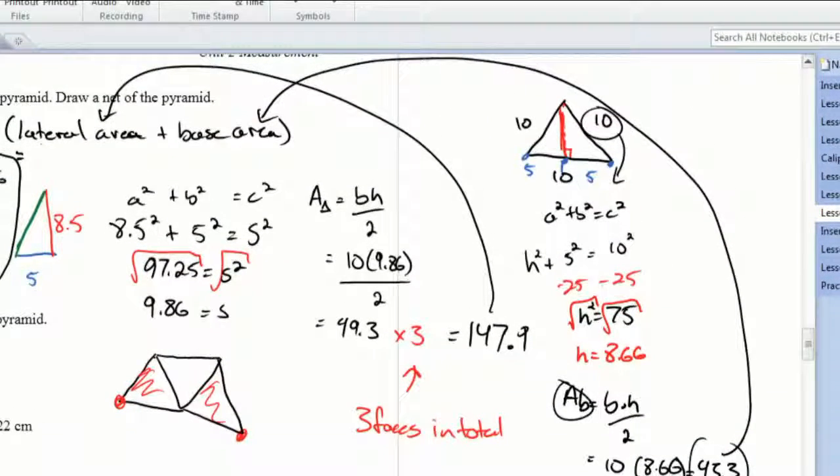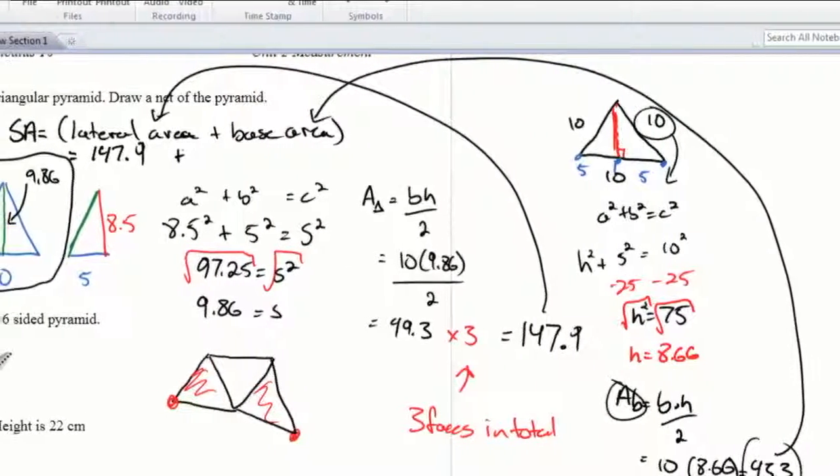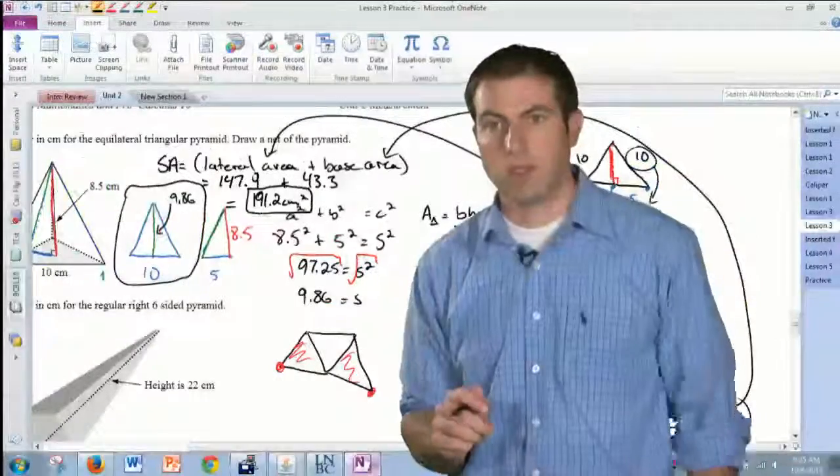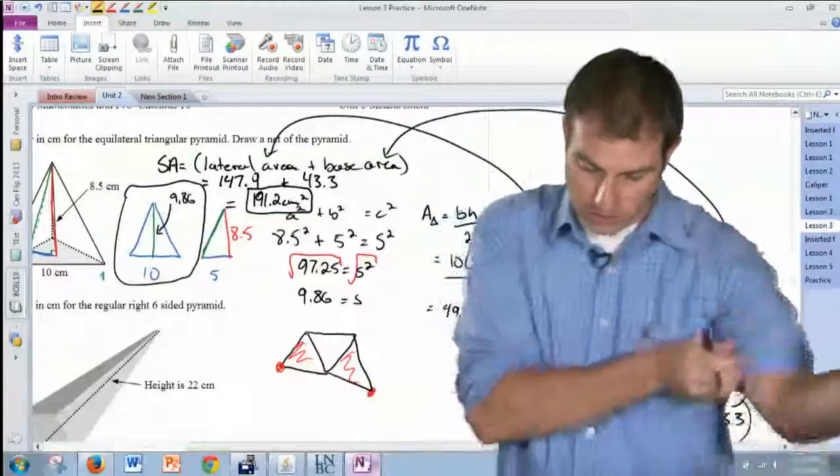The lateral area I had as 147.9, and the base area I just found was 43.3. So I get 191.2 for my surface area. So my total answer is 186.4.